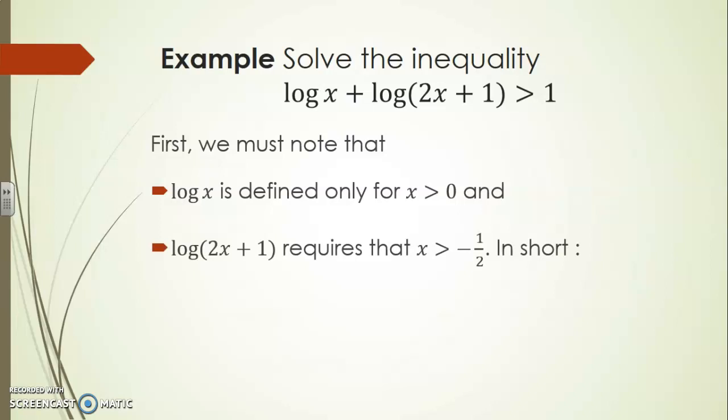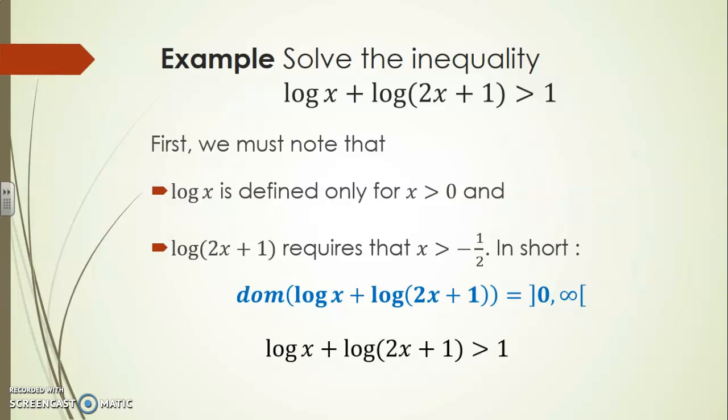And log of 2x plus 1 individually requires that x be greater than minus 1/2. That's to make sure that the content of log 2x plus 1 is positive. So if we compare these two restrictions, we realize that x actually has to be greater than 0 in order to satisfy both. So that's the domain of the expression on the left.